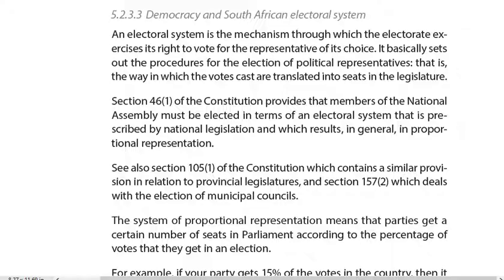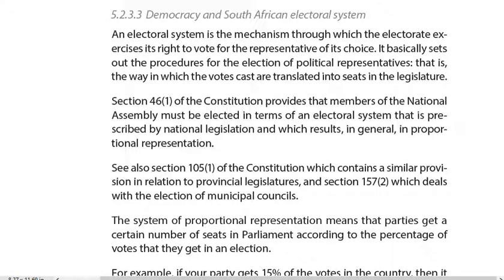Let's read where it says 5.2.3.3. Democracy and South African electoral system. An electoral system is the mechanism through which the electorate exercises its right to vote for the representative of its choice. It basically sets out the procedures for the election of political representatives, that is, the way in which the votes cast are translated into seats in the legislature.